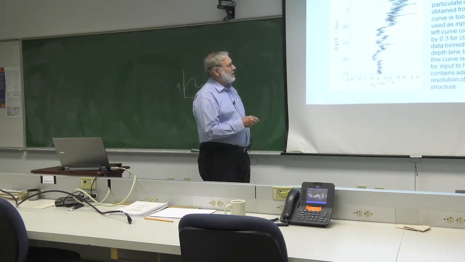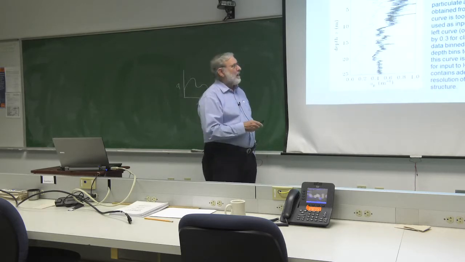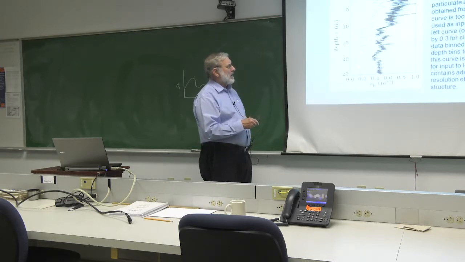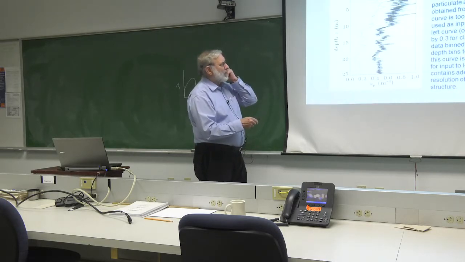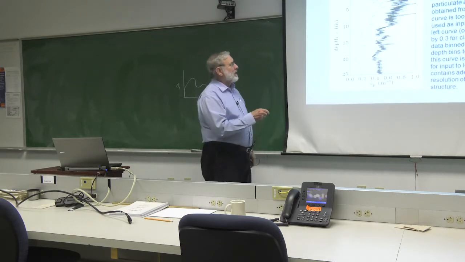You need to take your data here and bin it or smooth it or do something to it and try to get rid of this random electronic noise and then just keep what's probably actually physical or biological information. So in this case, I took this profile, I binned it into 25 centimeter thick bins, and I got a profile here.